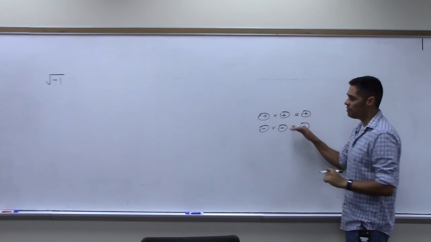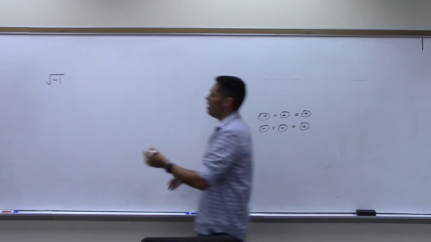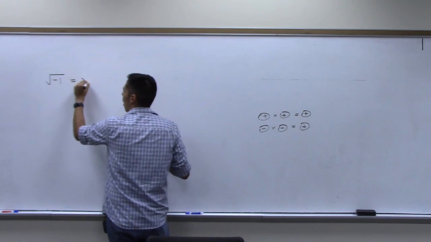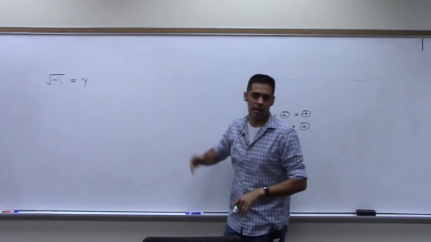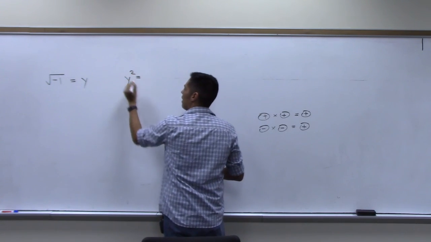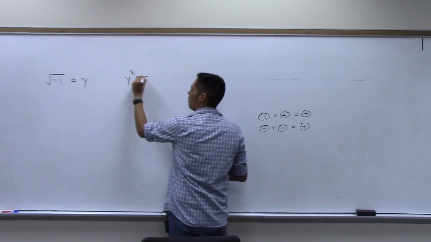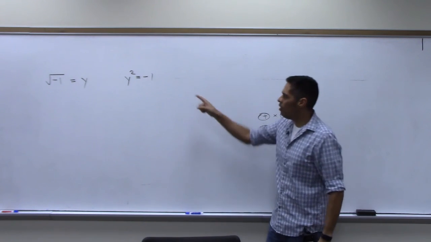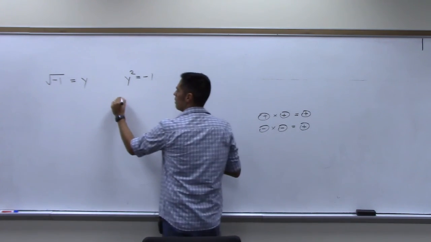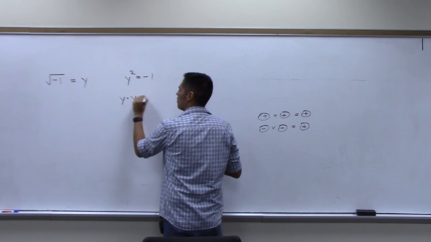And because of this, if I say, let's just say that I call this answer y, okay? I'm telling you that there's an answer to that and it's y. Then this means that when I square y, I get what? -1. But what's wrong with saying that squaring a number is -1? Think about it. Y times y is -1.